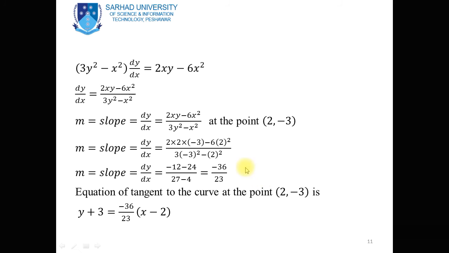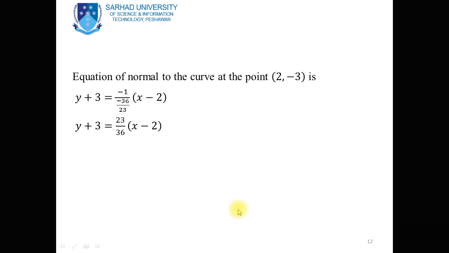You can easily obtain the slope of the normal line, and you see over here the slope of the normal line is 23 by 36 because the slope of the tangent line is minus 36 by 23. The slope of the normal line and tangent line are negative reciprocals of each other.